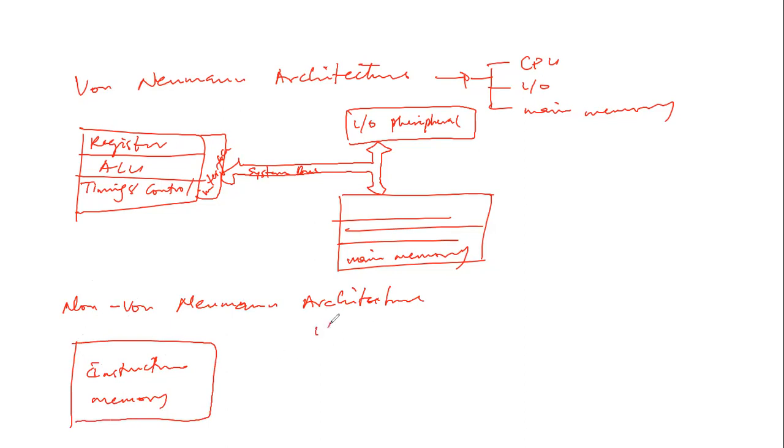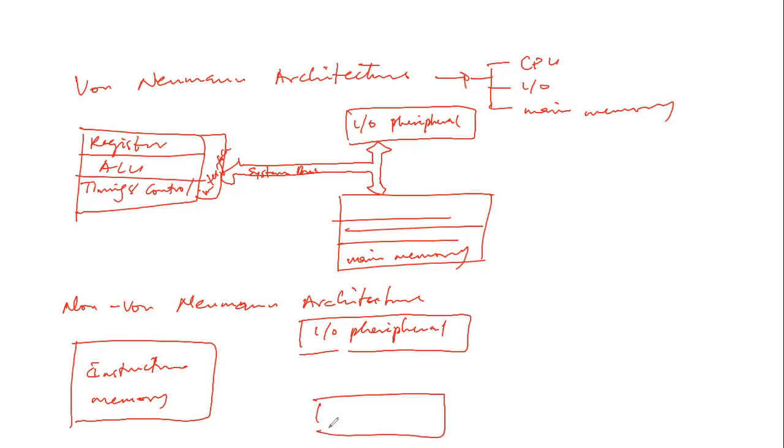Then we have the input-output peripheral somewhere around here. Then we have the processor, and then we have the data memory. Okay? So they are all interlinked.